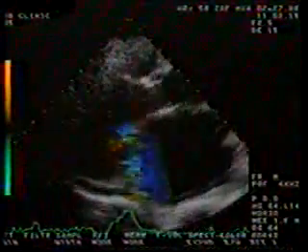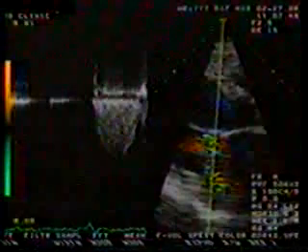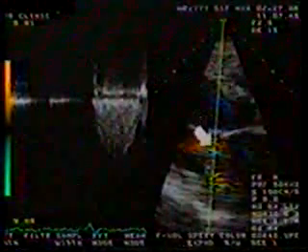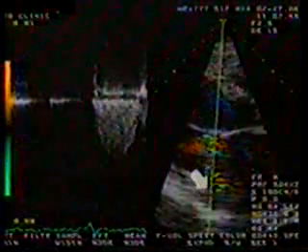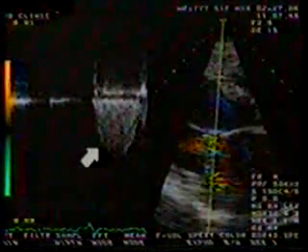With color added, note that the flail segment of the anterior leaflet has baffled the regurgitant jet posteriorly, along the posterior mitral leaflet. A continuous wave cursor has been directed through the mitral jet, and a strong signal, typical for mitral regurgitation, results.